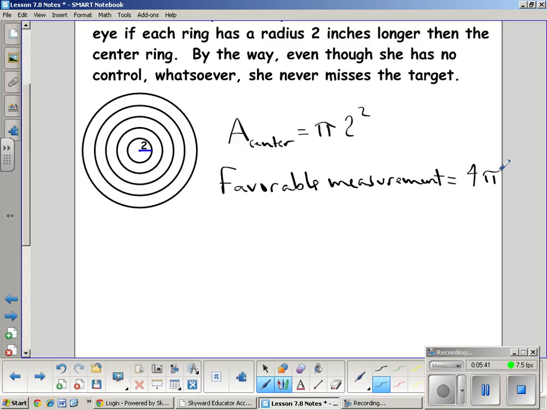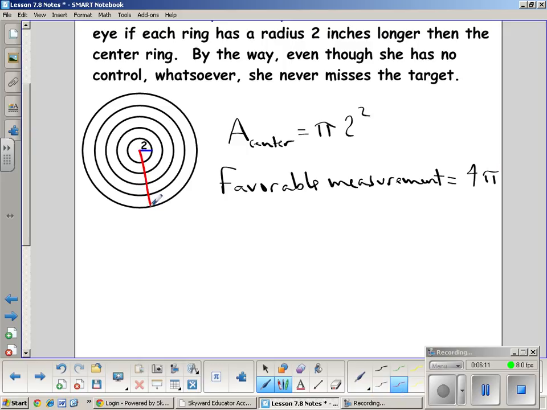The area of that center circle is pi r squared, where r is 2. 2 squared is 4, so I get 4 pi. Don't round. Almost always this is going to work out nicely, and if you round, it doesn't. In fact, quite often they'll say if it's not an integer, leave it in terms of pi or simplest radical form or whatever.